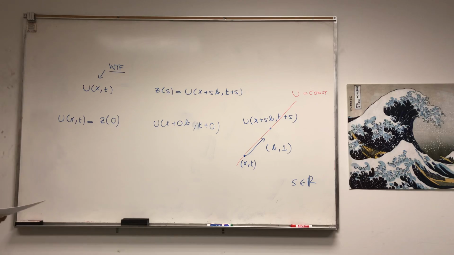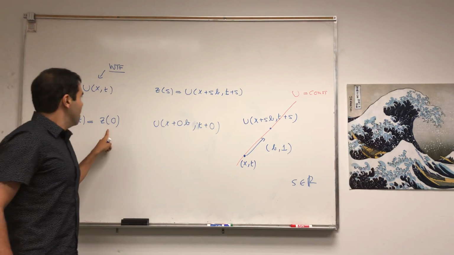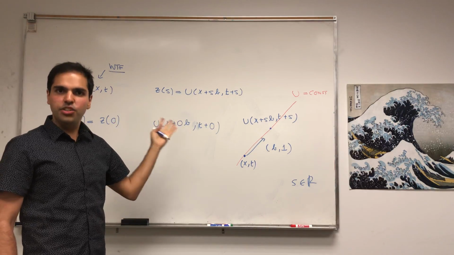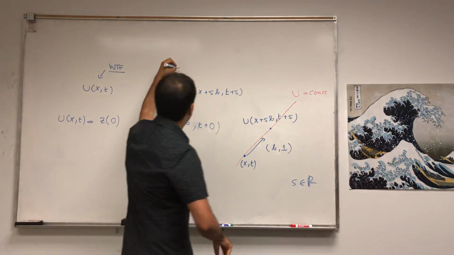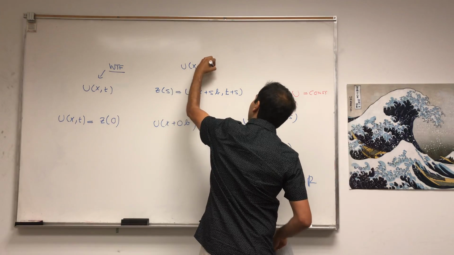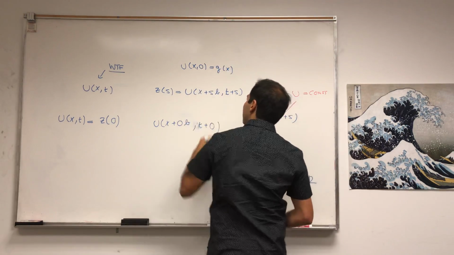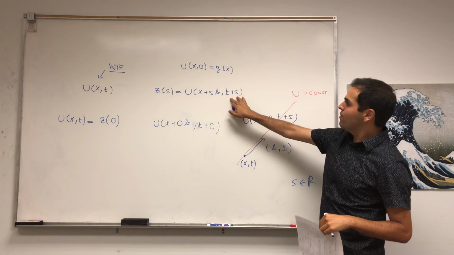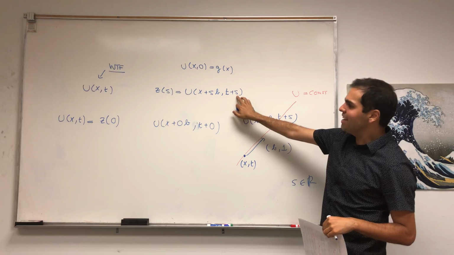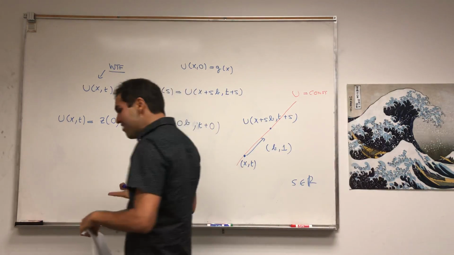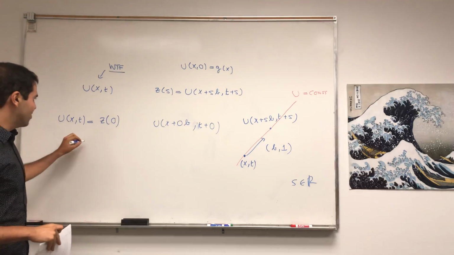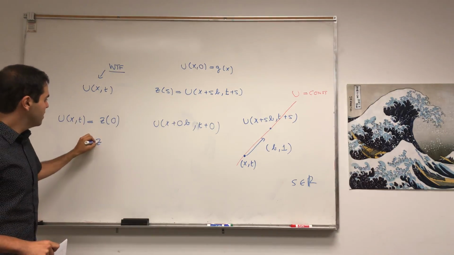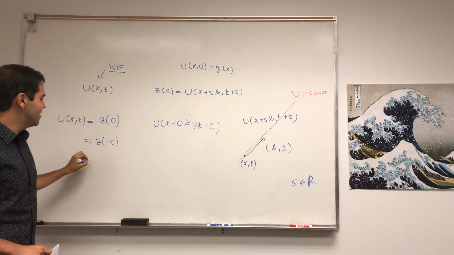And here comes the important thing. First of all, why do we use this? Because ideally we want to relate u with the value at 0. And remember that u of x,0 was g of x. Well, in particular, notice that we can get u with the value at 0 at minus t. And here is where we use the fact that z is constant. Because u is z of 0 and z is constant, this is the same thing as z of minus t.